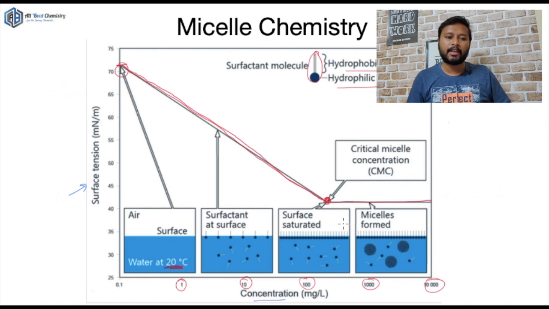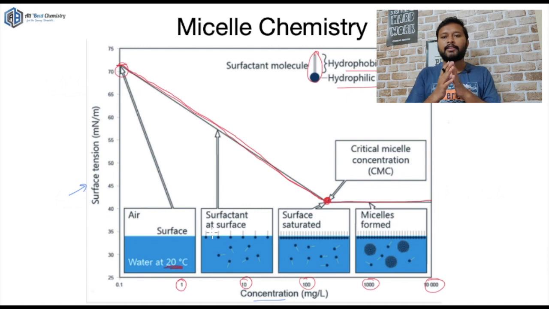Why did that happen? Because at this particular concentration, as you can see in this diagram, the surface got saturated. All the surface molecules have been taken up, and all the surface is now covered by surfactant molecules. In the beginning it was water, in the middle it was water plus surfactant, but now it is covered only by surfactant, so no more water molecules.